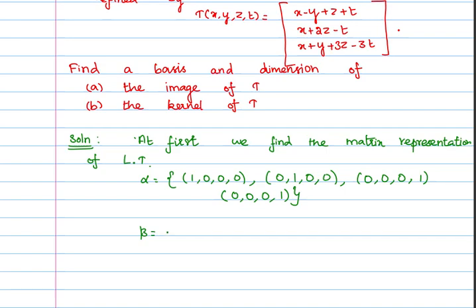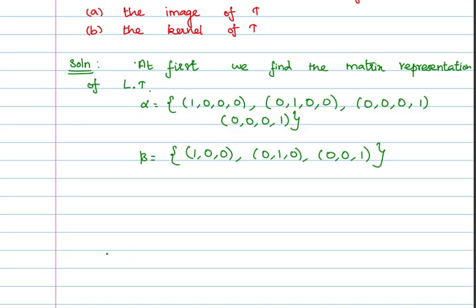Beta is a basis for the codomain space, that is in R3: (1, 0, 0), (0, 1, 0) and (0, 0, 1). So these are the bases alpha and beta for R4 and R3 respectively.